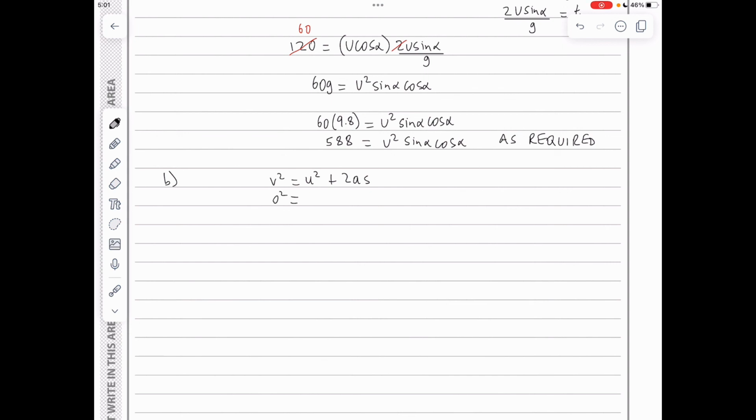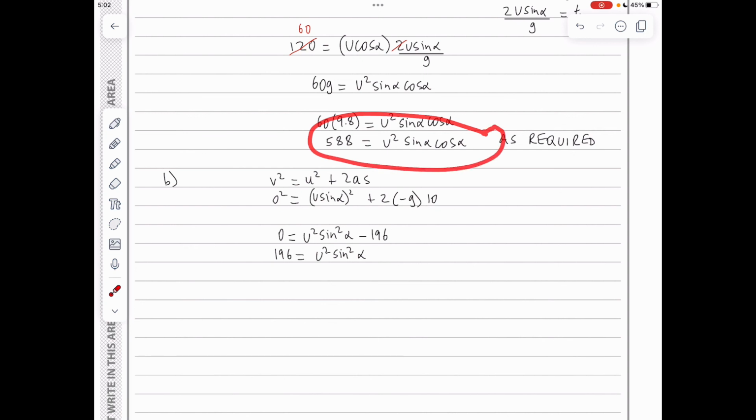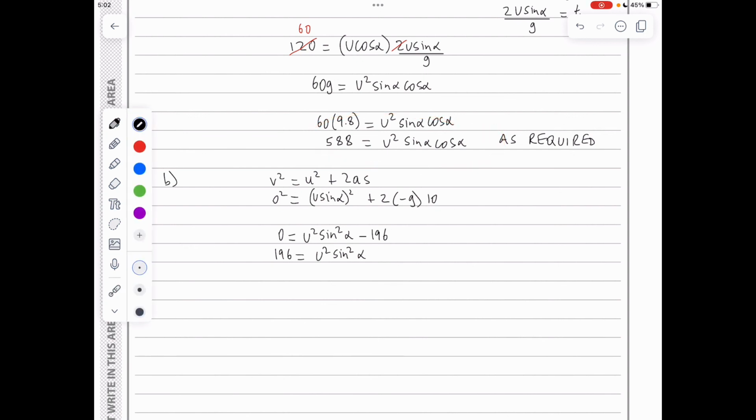So 0 squared is u sine alpha, the initial component of the velocity in the vertical direction, squared, plus 2 times minus g times 10. So 0 is u squared sine squared alpha minus 196, and therefore this leads to 196 is u squared sine squared alpha. Somehow I need to use the result from part A, so I will simply write this below.